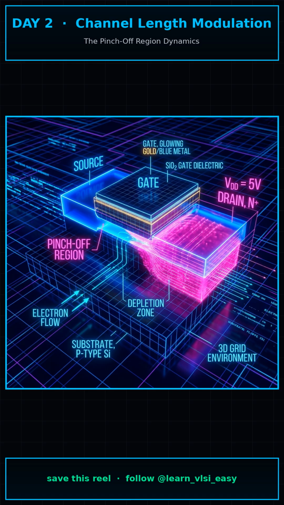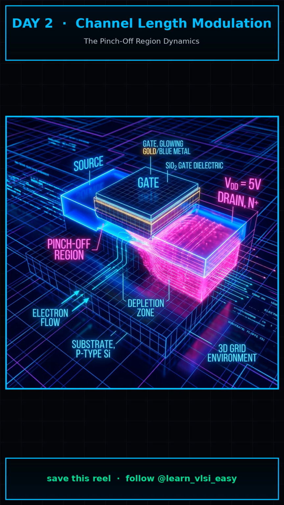This physically encroaches upon the channel, pushing the pinch-off point closer to the source. The effective length of the channel actually becomes shorter. A shorter channel means less resistance, which causes the drain current to slightly increase. This phenomenon is called channel length modulation.